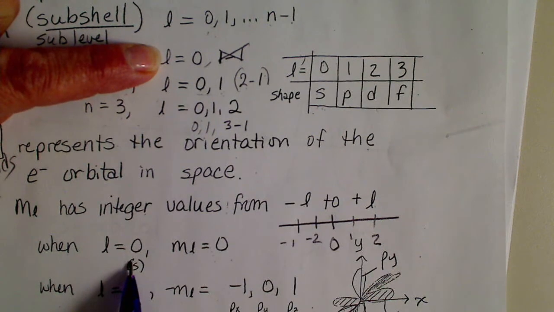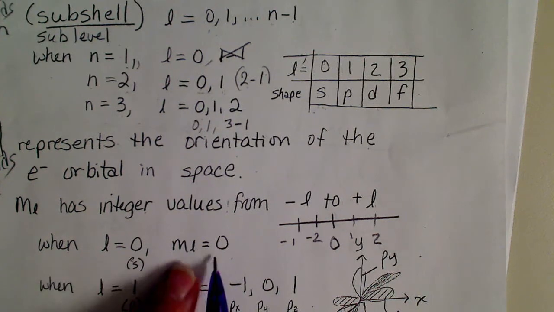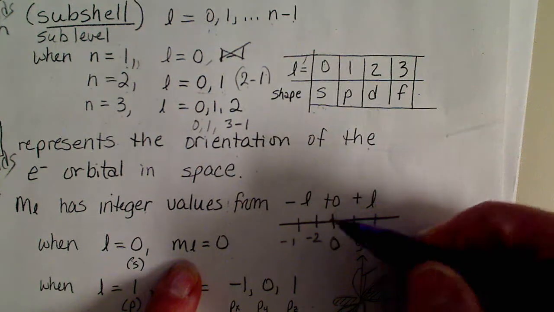So when L equals 0, the only possible value for M sub L is 0.